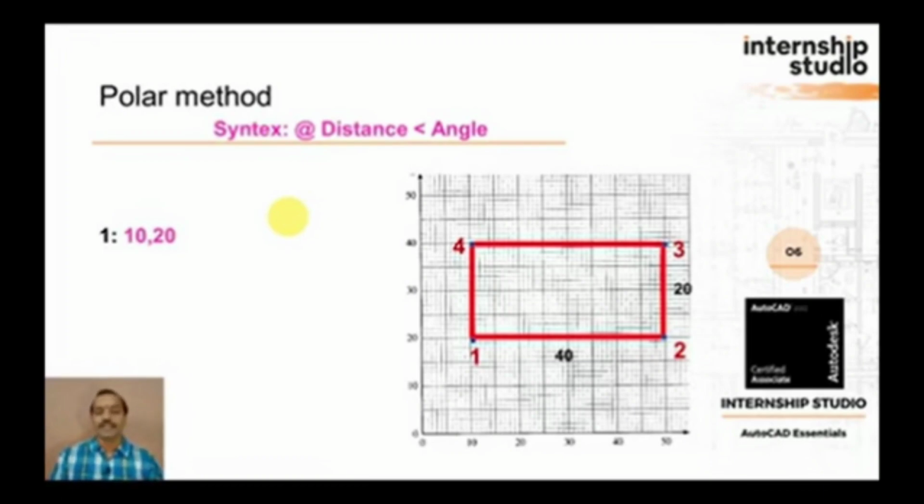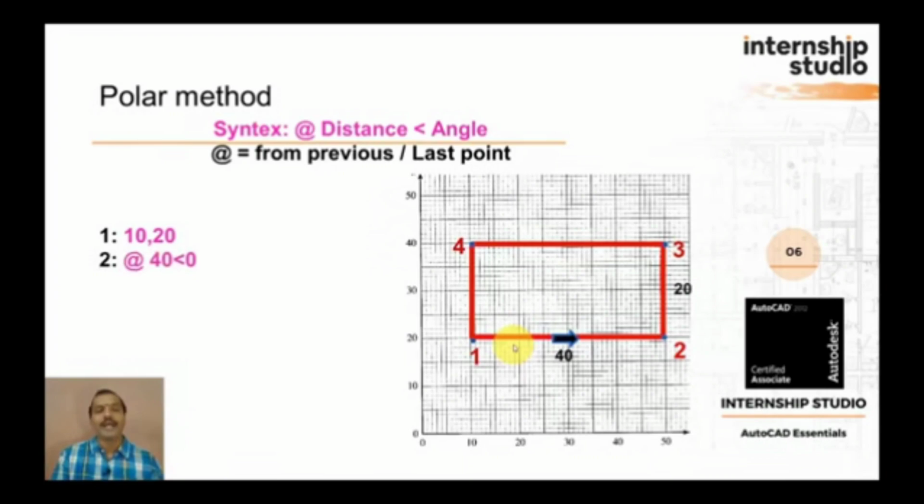That is the meaning: from point 1, what is the distance of point 2? It is 40 mm. What is the angle of this line? This line moves towards 0 degree. So the second point is from point number 1, @40 mm in the direction of 0 degree.